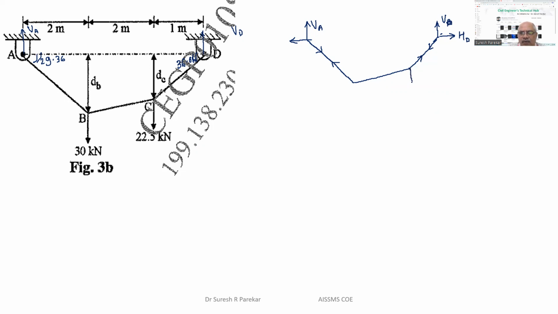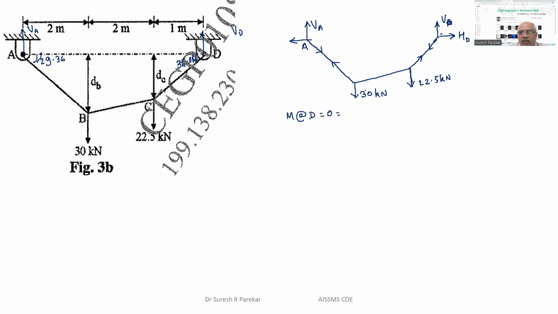So now we have a force here of 22.5 kilonewton, and at B we have 30 kilonewtons. Distances are given: 2 meter, 2 meter, 1 meter. So I will take moment about D equal to 0.